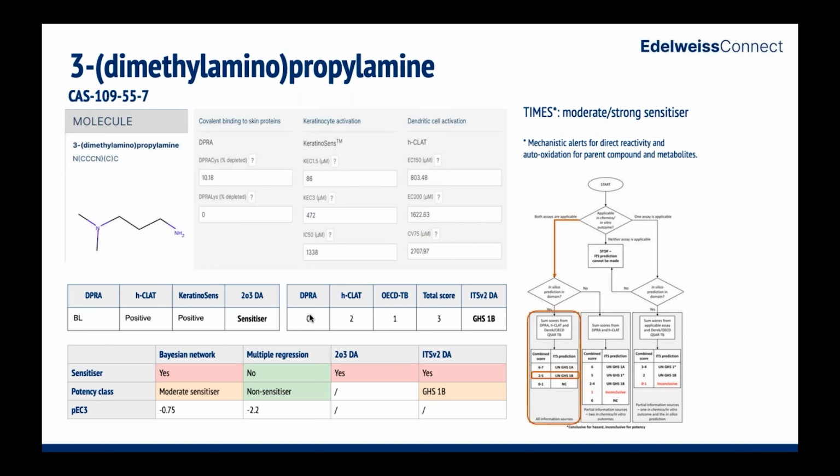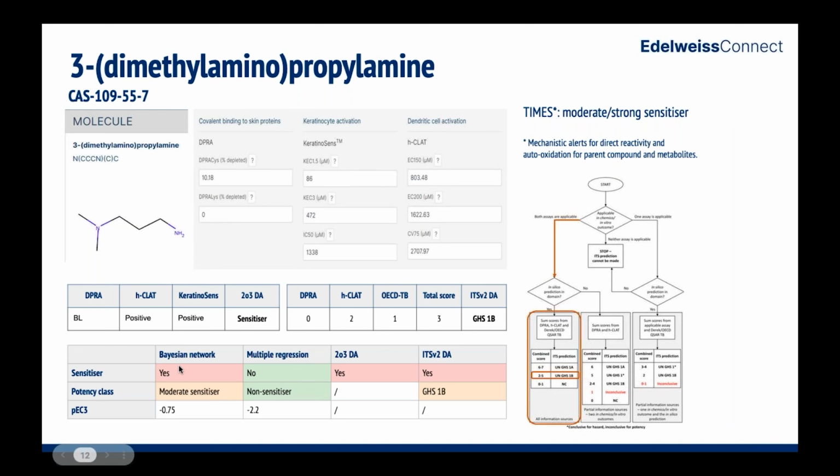The score contribution for DPRA was 0. For HCLAT was 2, and for OECD toolbox was 1. So the total score contribution for 3-dimethylamino propylamine was 3, and using the ITS V2, it was classified under UNGHS 1B.